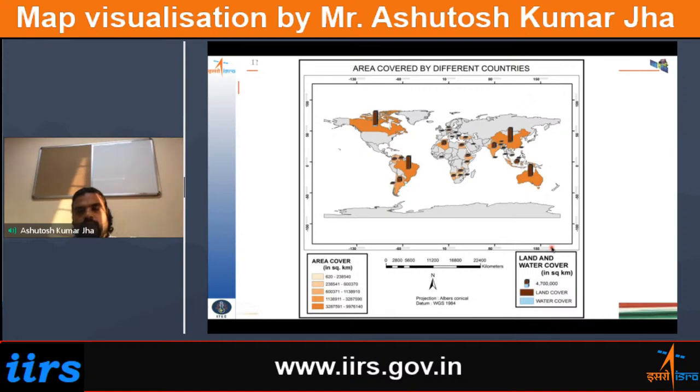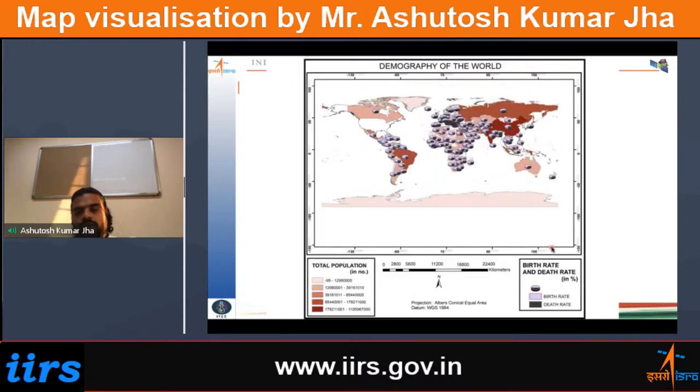This is just an example, where two different attributes, water cover and land cover, compared to the total area, are represented. So this is a bivariate attribute data set being represented. But we can also use other visual structures to represent similar information in thematic maps.